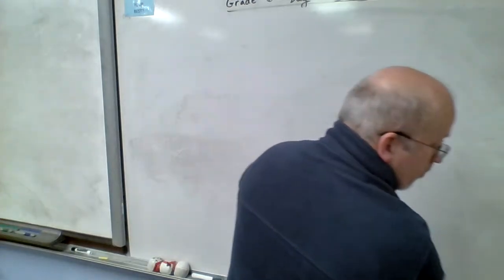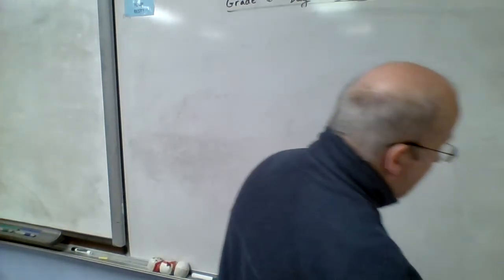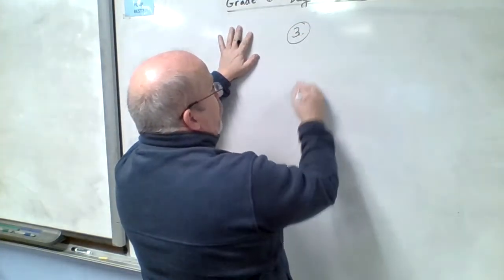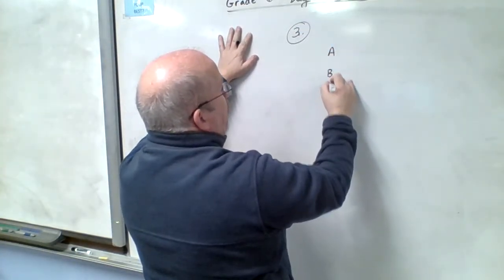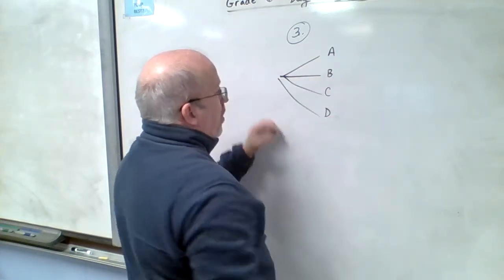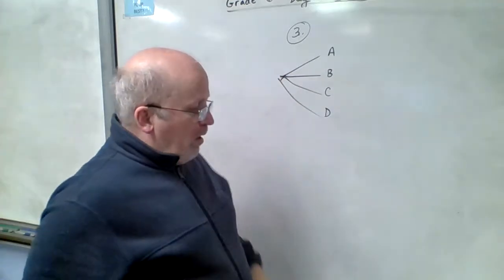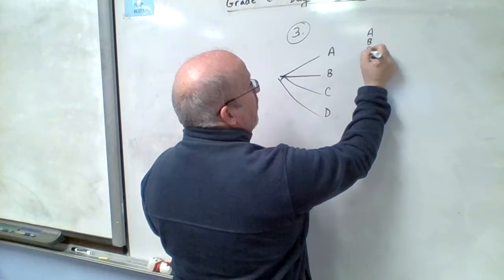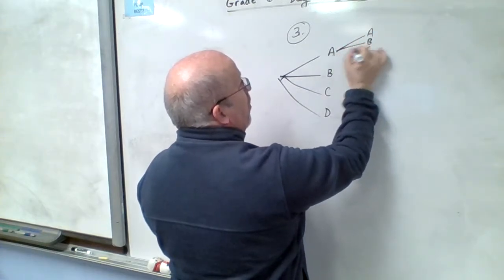Well, the spinner has on it A, B, C, and D. So if I were drawing a tree diagram, my first spin could be any of these 4 choices. Then on my second spin, I could also have any of these 4 choices.